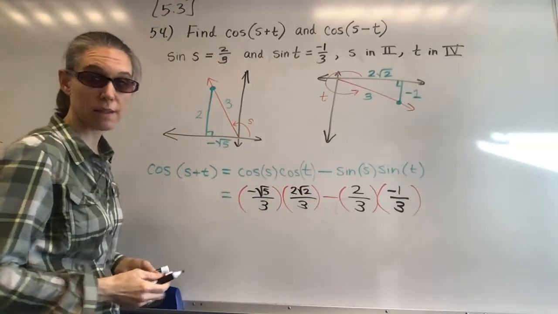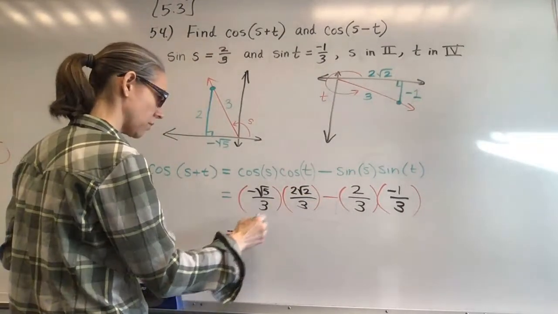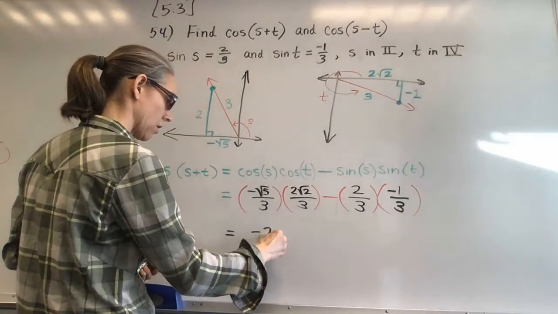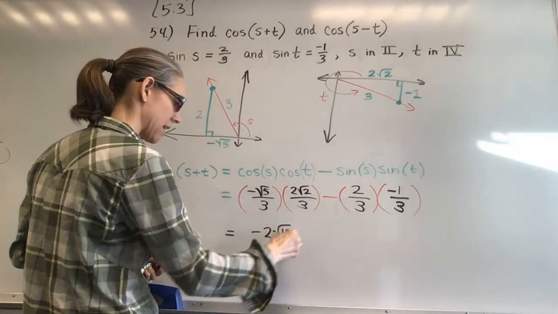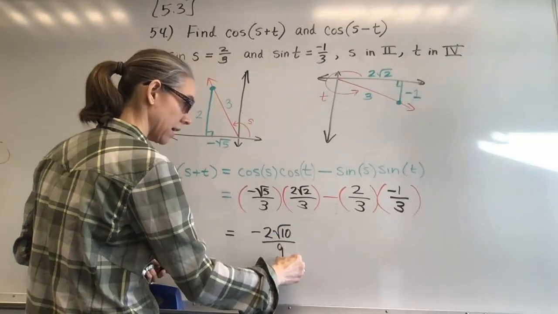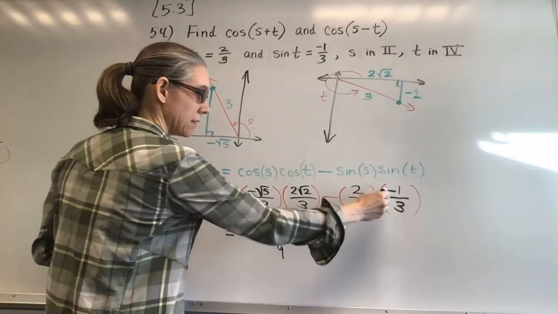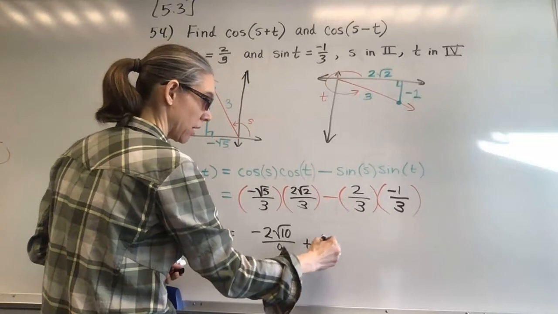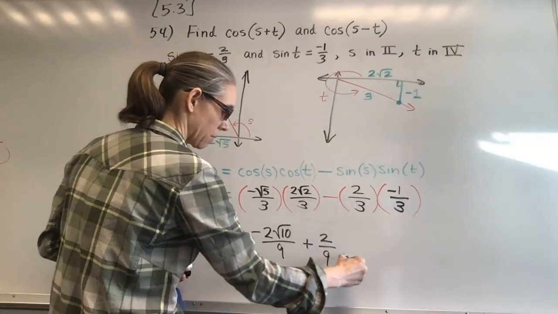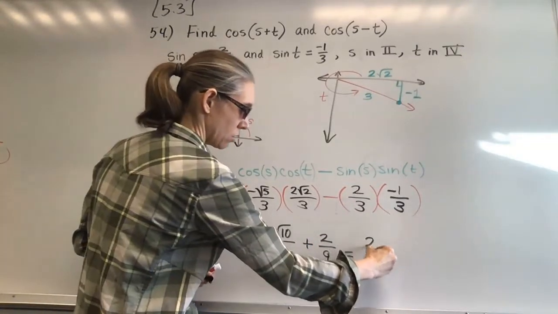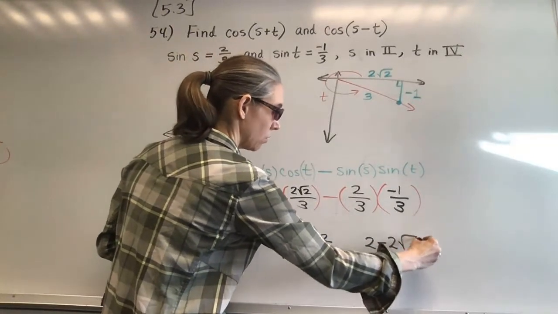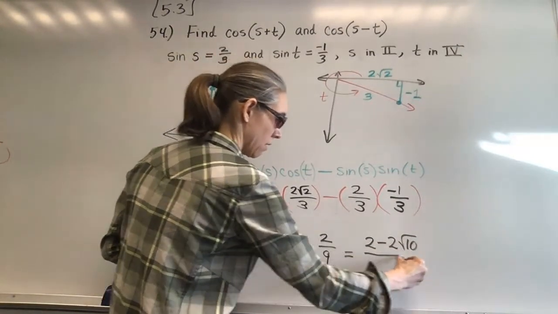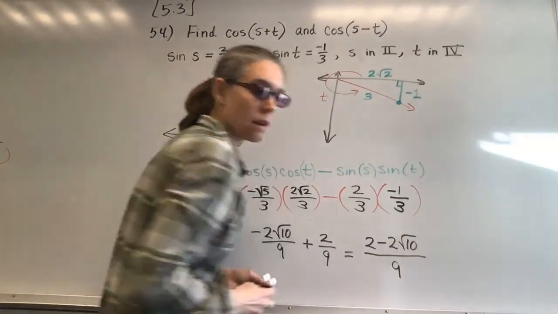And we can combine these fractions now. Here we have a negative 2 root 10 over 9, minus minus, right? So that would be plus 2 over 9. We can combine that to be 2 minus 2 root 10 over 9.